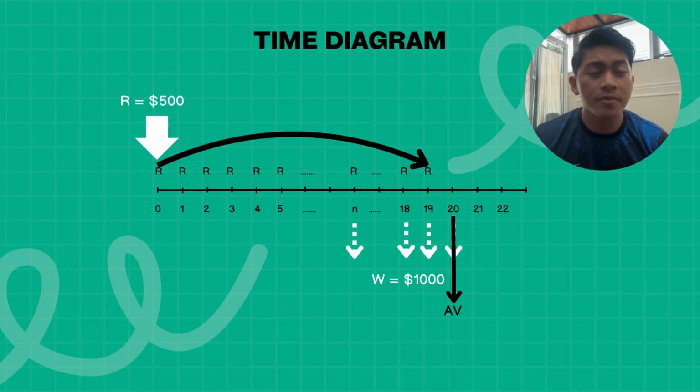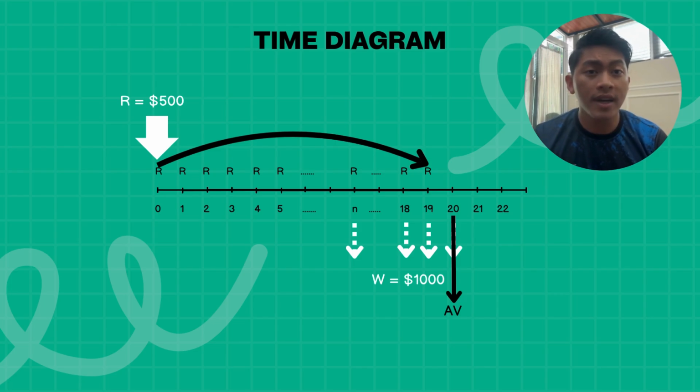Now, starting from some unknown year, the fund begins making withdrawals of $1,000 at the end of each year, continuing all the way to year 20. Here, the downward arrows starting at year end show the withdrawals of $1,000 made at the end of each year. As the question said, once withdrawals start, they must continue every year until year 20.